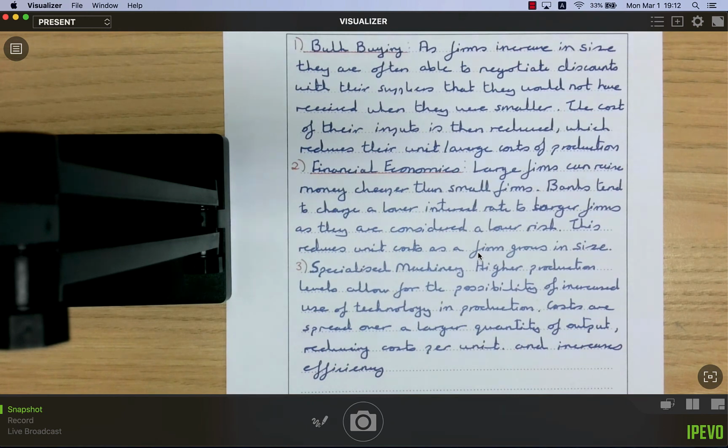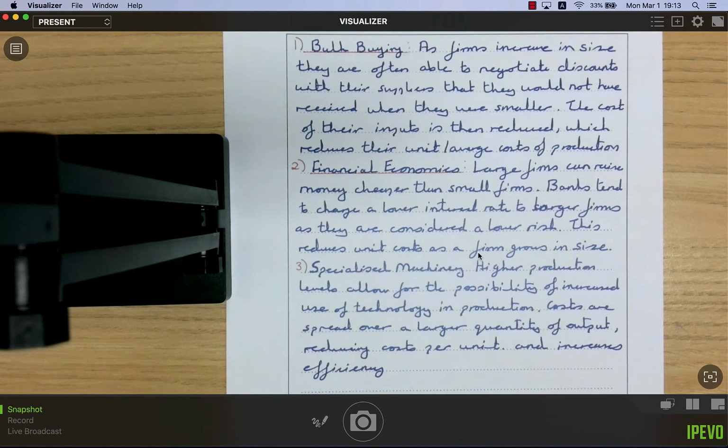As you get bigger, what does getting bigger mean? Producing more, selling more. As that happens, you're going to buy more inputs. As you buy more inputs, you can say, look, I was giving you 100,000 a year. Now I'm giving you 1 million a year. I think you need to give me a better deal. Otherwise, I'll go somewhere else. And they say, okay, yes, we can knock off X% if you want.